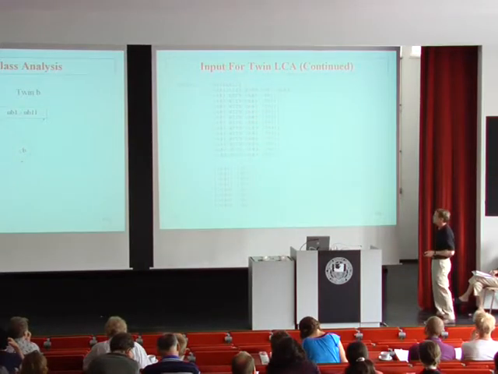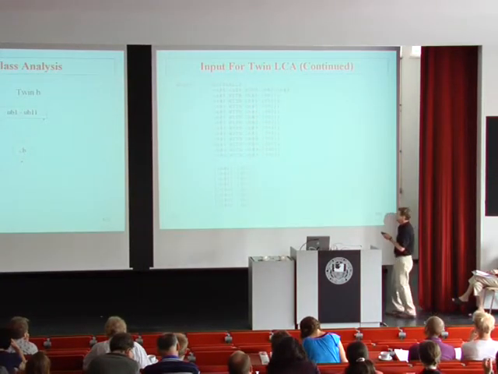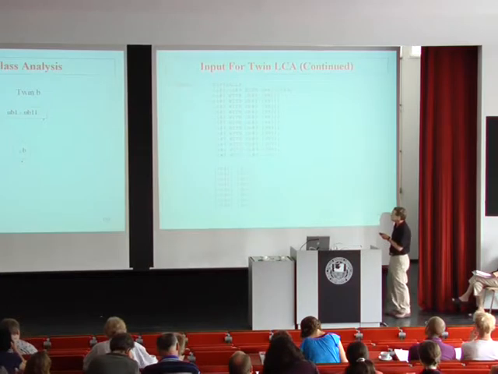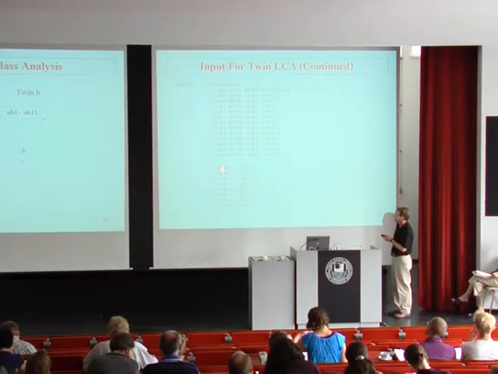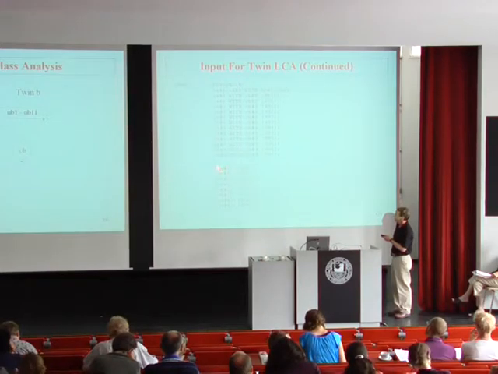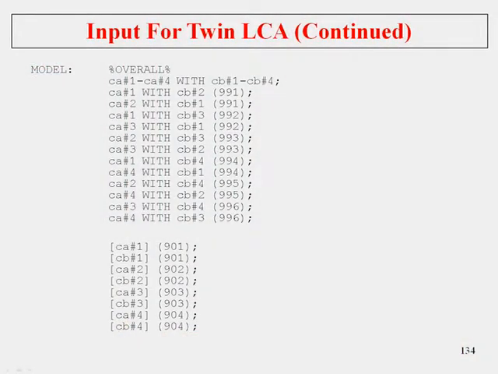We're also going to say that the marginal parts of the latent class variable A, the marginal logits, which lead to marginal probabilities for CA and CB, are going to be the same. So CA number 1 gets the same number as CB number 1.